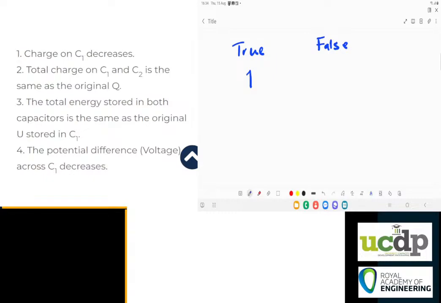It's unlike a series connection, whereby the same current, generally the same charge, flows past every capacitor within the same line. So you would have the same charge ideally in each capacitor, and that same charge is equivalent to the total charge in the system. So the charge in C1 will decrease. That's true.